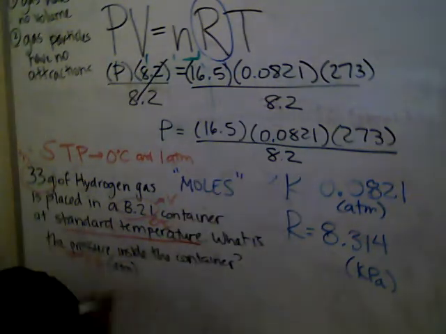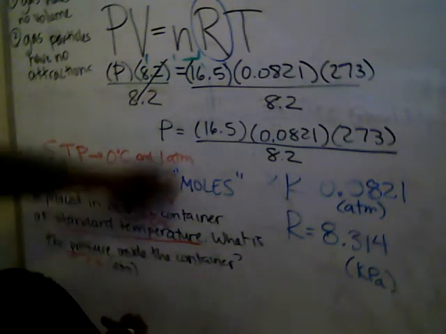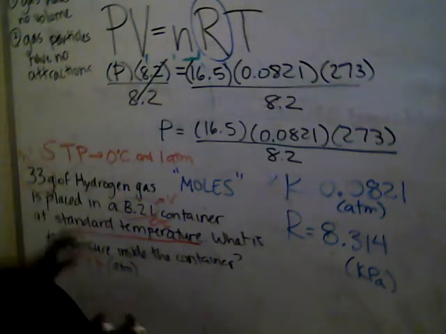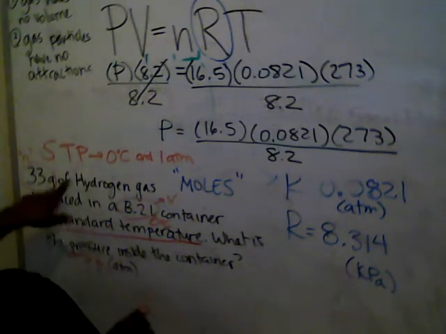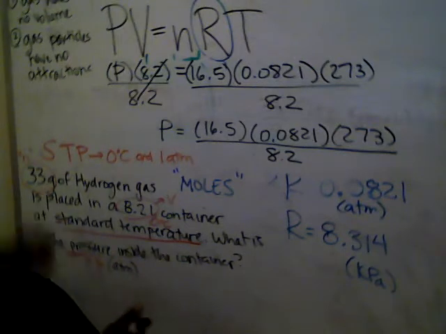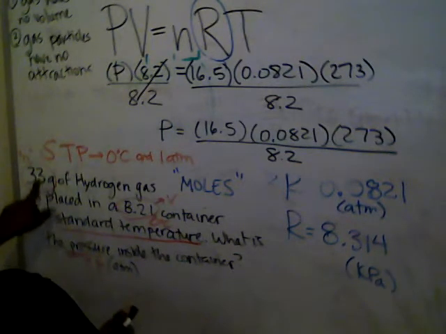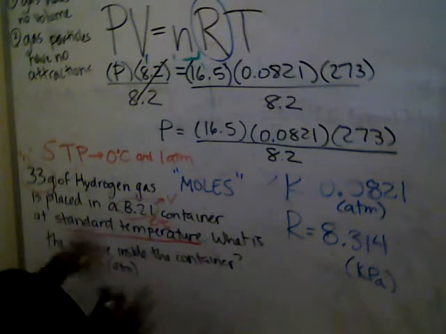And whatever number you get for that, that would be your pressure in atmospheres. So this is an example of how we would use that ideal gas law. This is one of the longer examples because we had to convert the grams into moles. But if this were a mole number, you could put it right in for N without any issues.